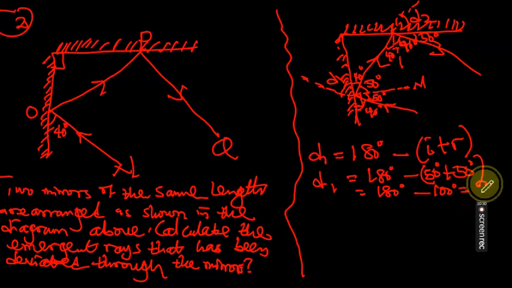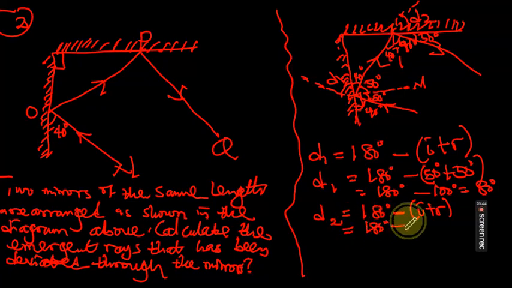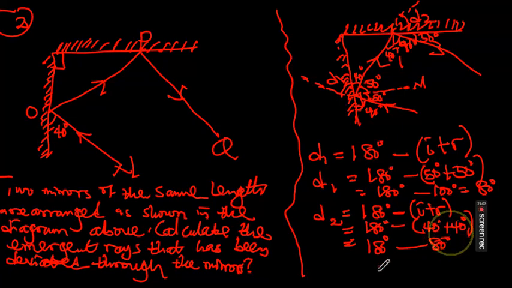That means D1 is going to be 80 degrees. I need D2 also, the deviation at point 2, which is still 180 degrees minus incident at that point plus reflection. D2 will be 180 degrees minus 40 plus 40, which is 80. So D2 is going to be 100 degrees.